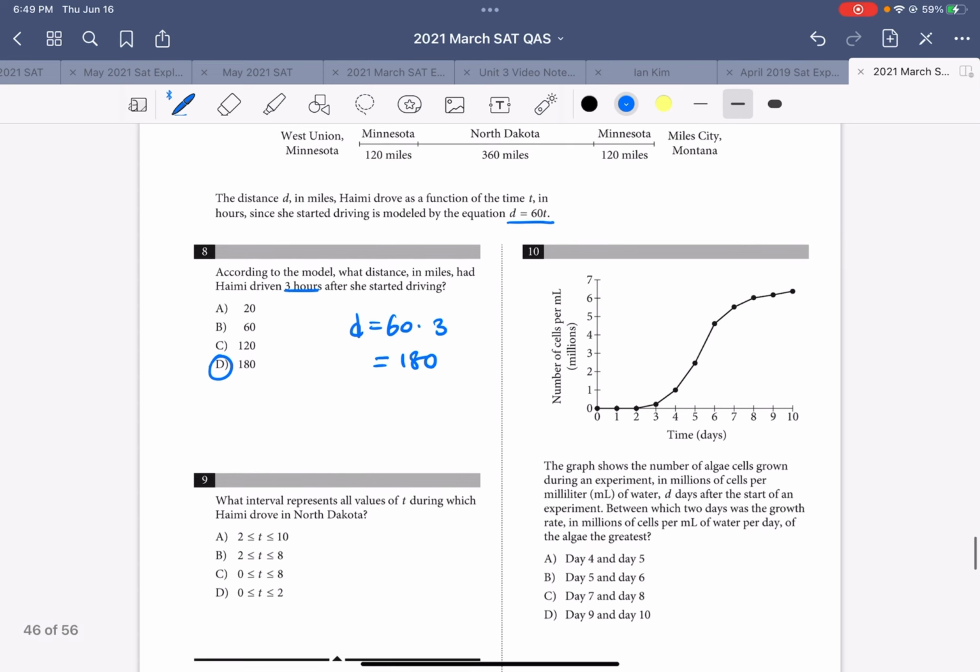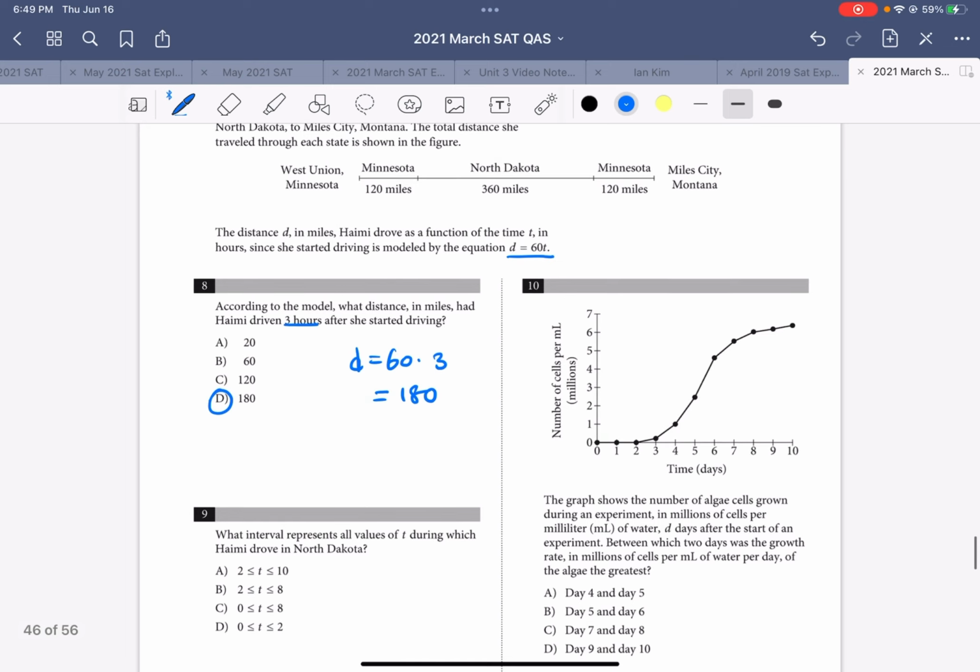Now number 9, what interval represents all values of t during which Hamey drove in North Dakota? North Dakota is right here. So basically her distance is 60t, and North Dakota is after 120, so bigger than 120, but should be less than 120 plus 360, which is 480.